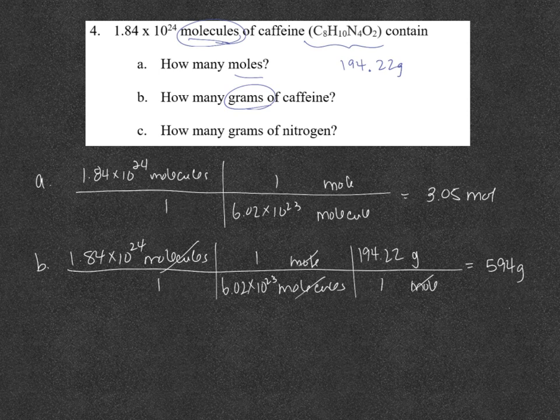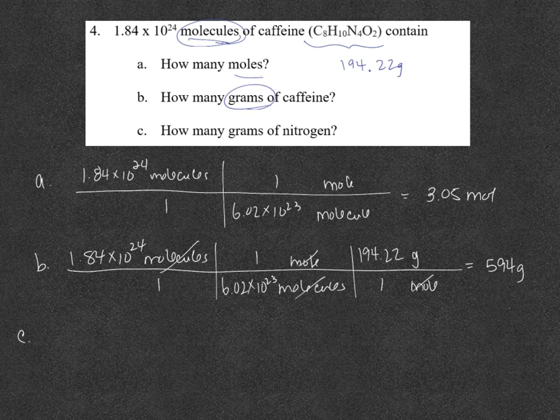It means that I have 8 atoms of carbon per 1 molecule of caffeine, 10 atoms of hydrogen per 1 molecule of caffeine, etc. It also means I have 8 moles of carbon per 1 mole of caffeine, 10 moles of hydrogen per 1 mole of caffeine, etc. That gives us a conversion factor to go from the whole to the part.